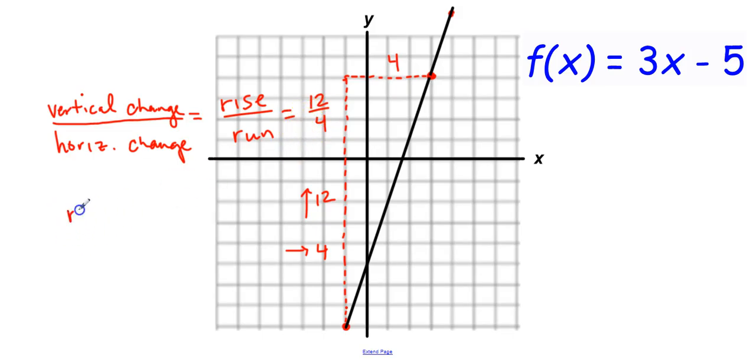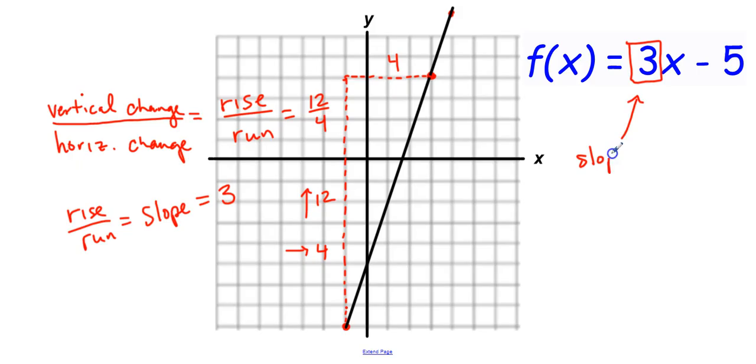So my rise over run, or in other words, the slope of this particular line, equals 3, or 3 over 1. And that can be found right here in this equation.